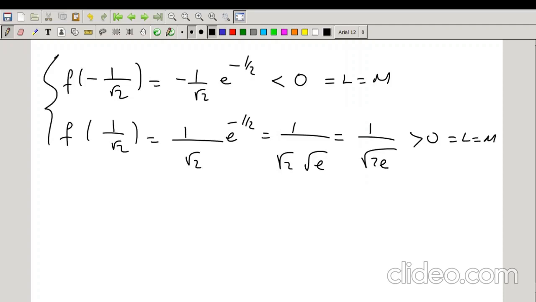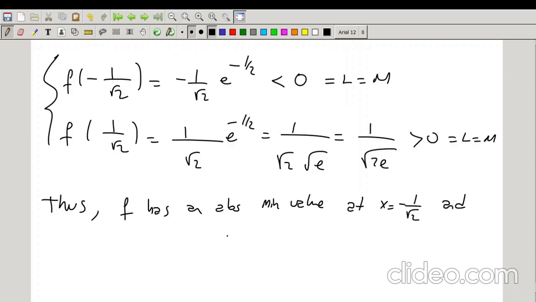You can now observe from these two facts that f has an absolute minimum value at x equal to minus 1 over square root of 2, and its value is minus 1 over square root of 2e, which is smaller than 0.